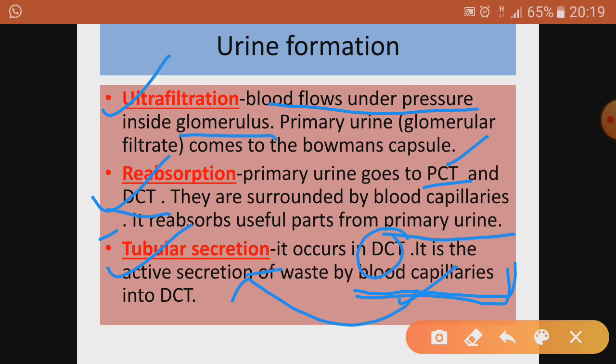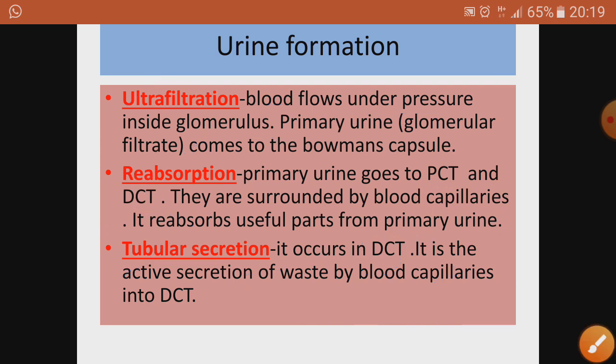So during tubular secretion, some waste is given to the nephron, and during reabsorption, some useful substances are reabsorbed by the blood from the nephron. So these are the 3 steps involved in urine formation.